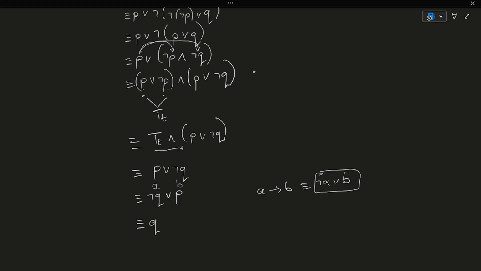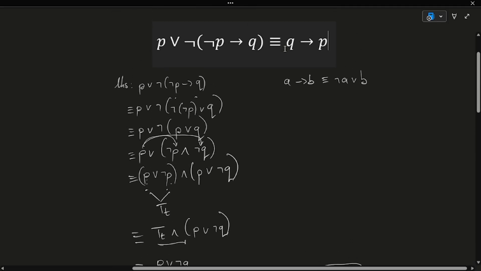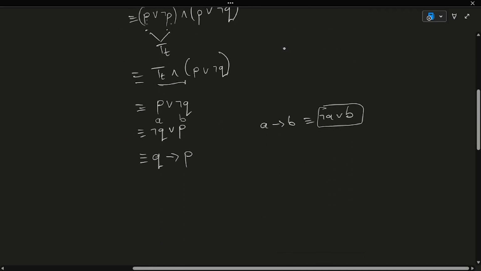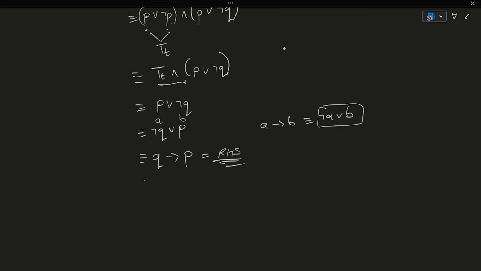That means Q implies P. And if you look at our expression, that's what we were supposed to prove, that it's logically equivalent to Q implies P. And therefore, this is equal to the right-hand side. And we have proven that whatever is on the left-hand side is logically equivalent to the right-hand side.